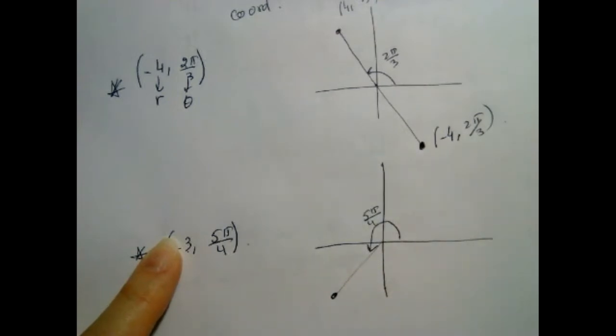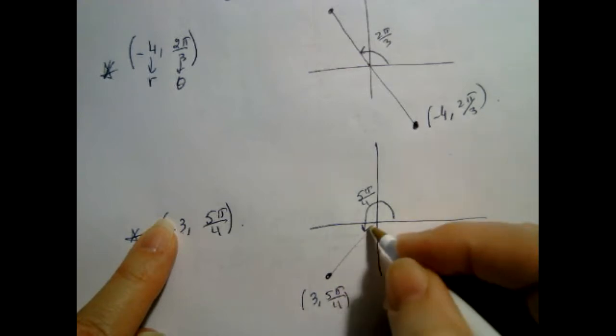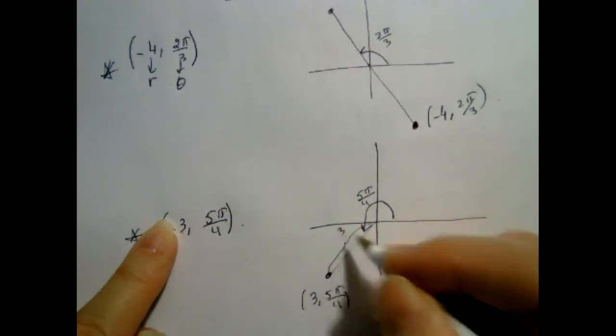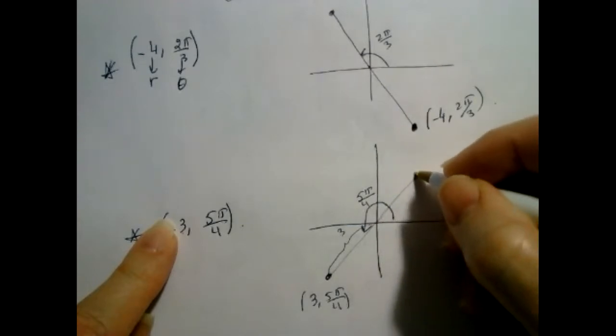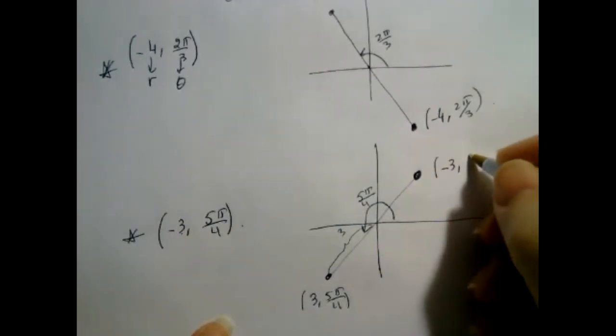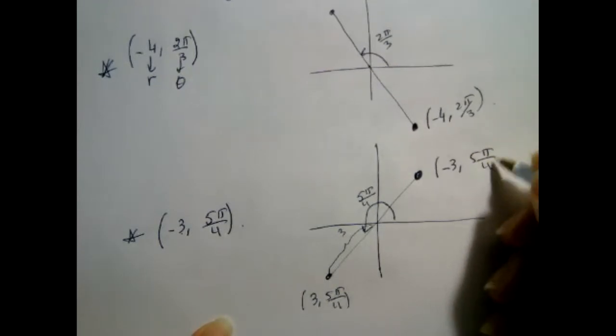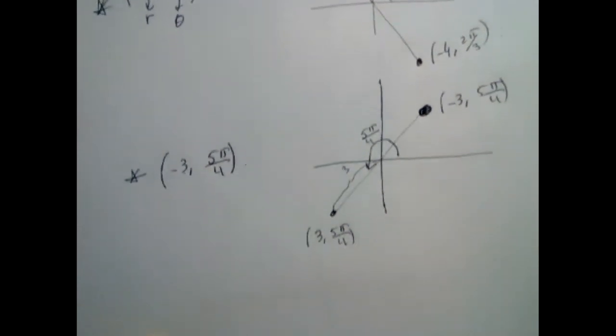And this is the positive one. That's not my point. That's the 3, 5 pi over 4, the one with the positive r. It means from here to here, I have r. The one I'm interested in, the one with the negative r, is this point right there. This is the minus 3, 5 pi over 4. So that's really the point I am interested in.